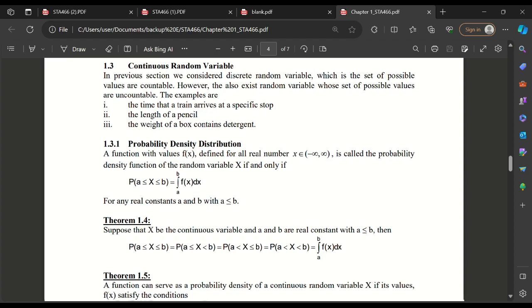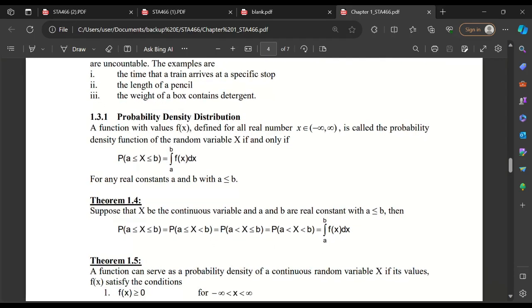Okay, so let's see the PDF ataupun probability density function untuk continuous dan juga dia punya possible value-nya macam mana. Notation for PDF, as usual, it is small fx.